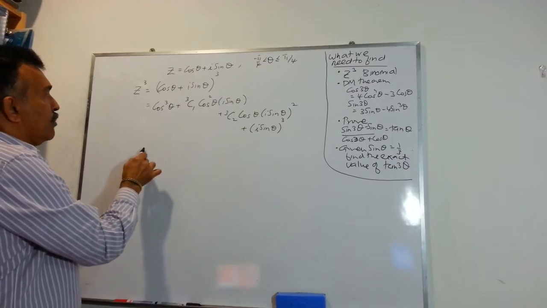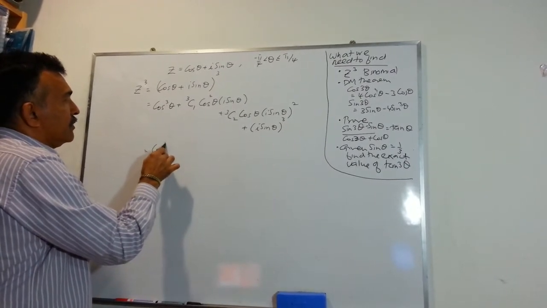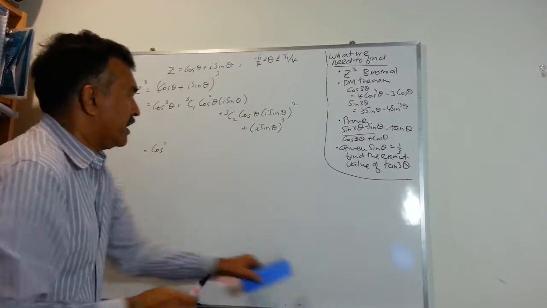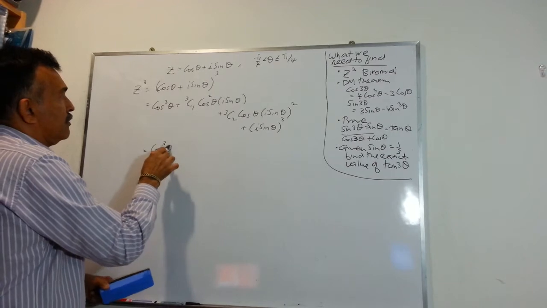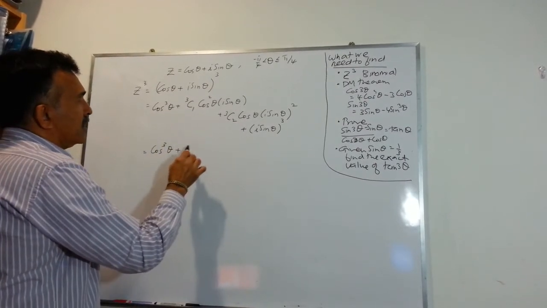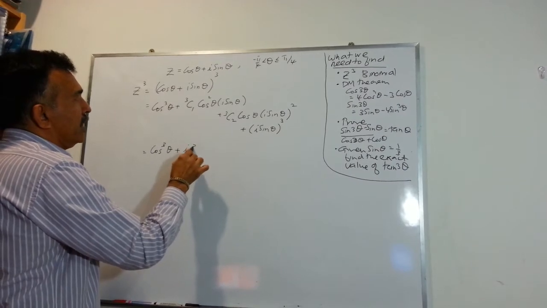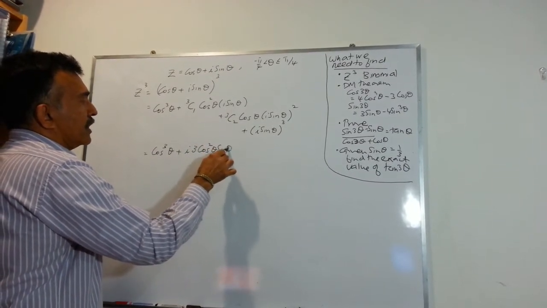So now let's write it in one line. I have cos cubed theta, my first term. 3C1 is 3, so let's write the i in front. I have i 3 cos squared theta sine theta.